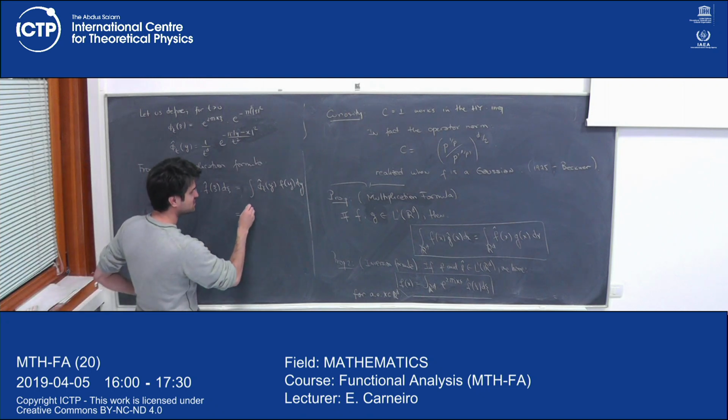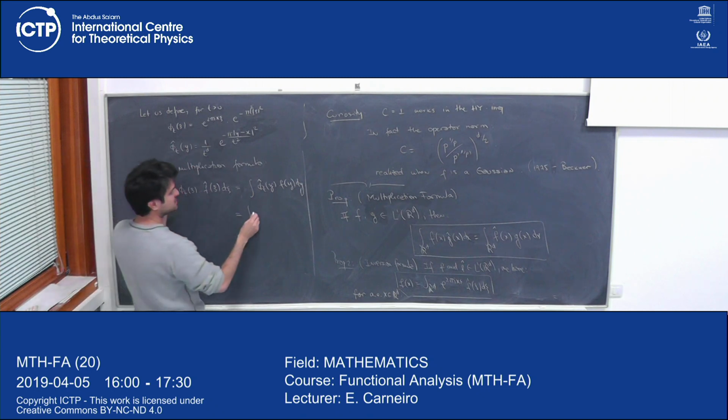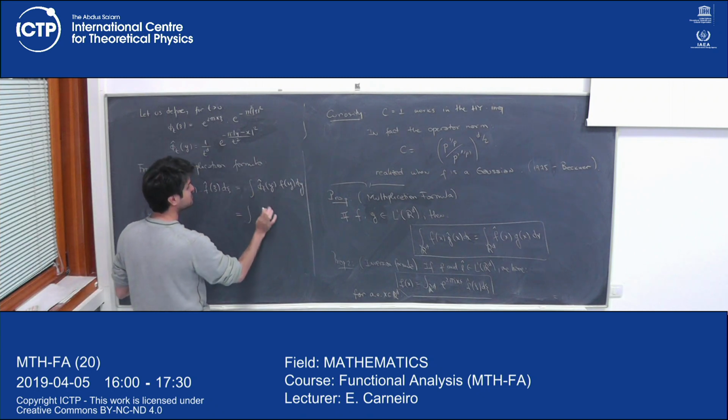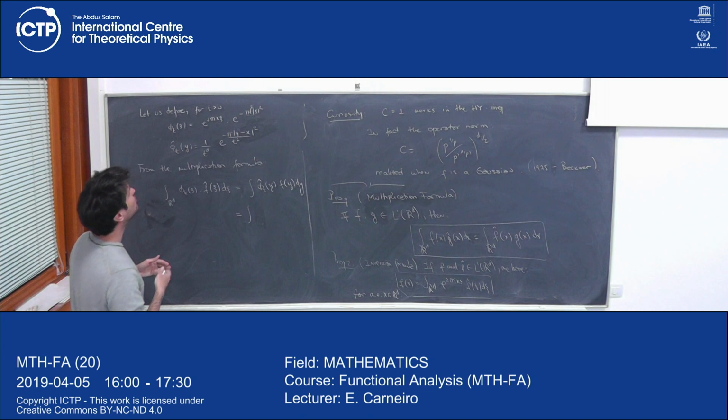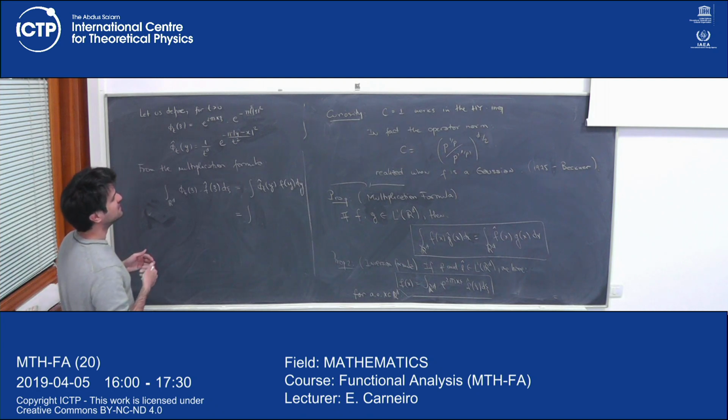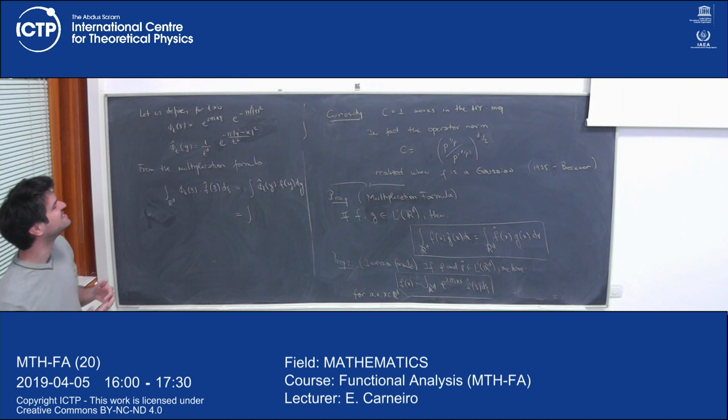Okay, so what is this? Now this is just the integral of 1 over t to the d, e to the minus pi (y minus x) squared over t squared. We need to denote this function, maybe take a psi or something. This is an approximation to the identity.